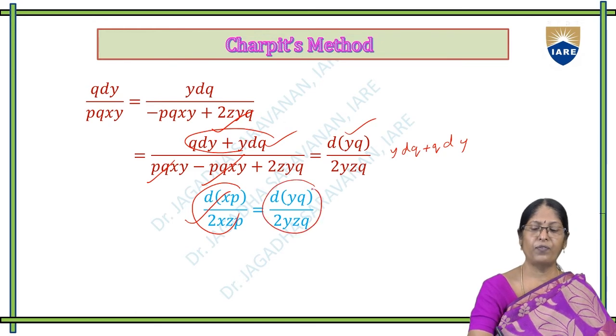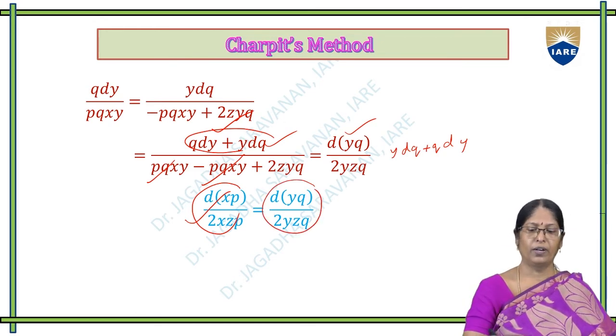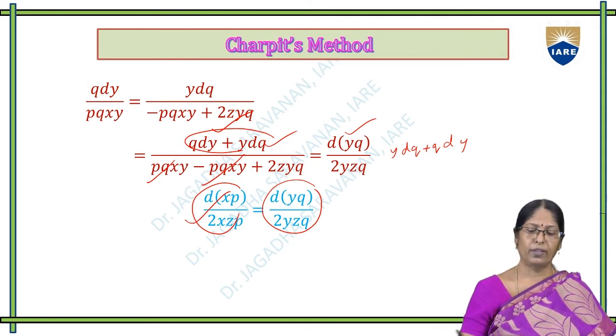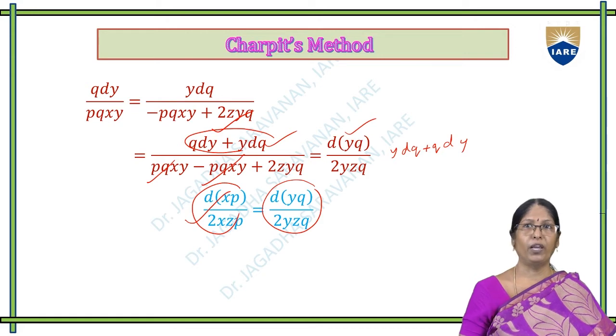Taking the second and fifth member, this result we obtained. Here, for x and p, the assumption we have taken is to multiply up and down by p and up and down by x, whereas here up and down multiplied by y and up and down multiplied by q.